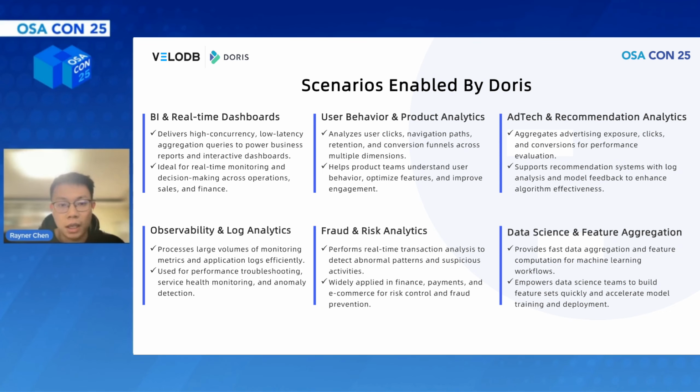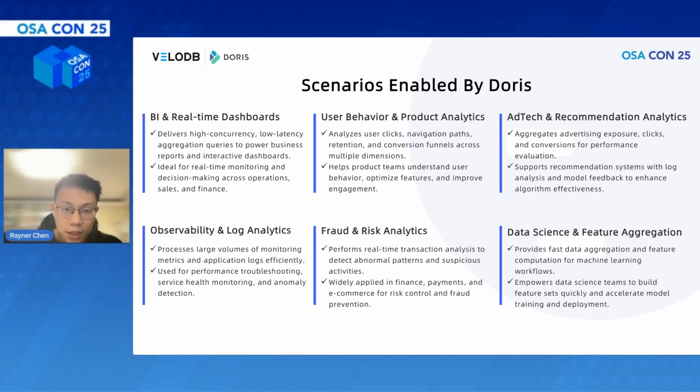And also, advertisement targeting and recommendations analytics is vital, aggregating exposure and clicks, and providing log analysis to enable recommendation effectiveness. We also handle observability and log analytics, processing monitoring metrics for quick troubleshooting.